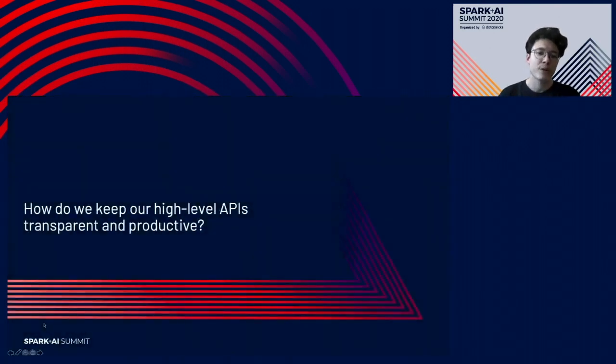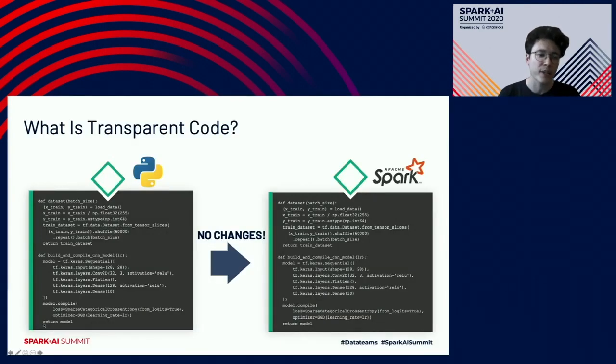So the question is, how do we keep these high-level APIs transparent and productive? As Jim has already said, what is actually transparent code?